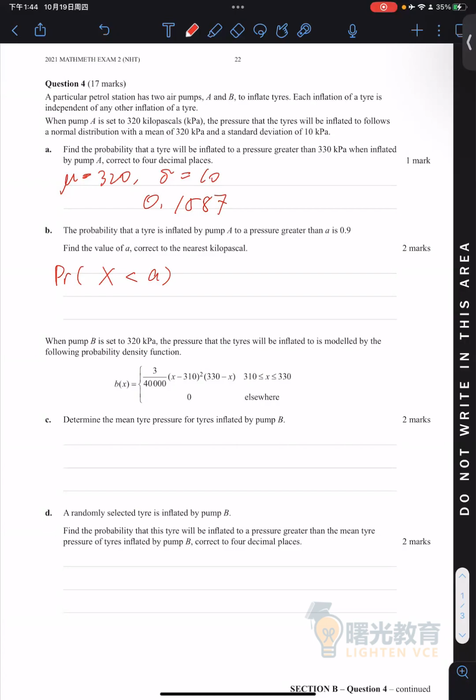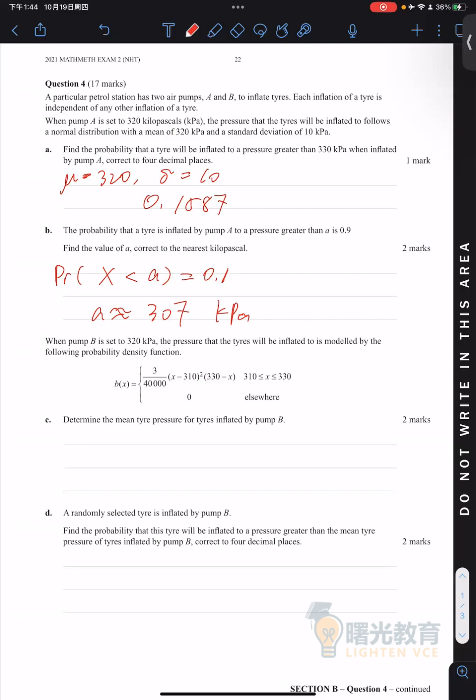So we're going to apply the complement event. Greater than a is 0.9, then less than a is 1 minus it, which is 0.1. So we input inverse norm, area is 0.1, mu is 320, and sigma is 10. And then after we round to the nearest kilopascal, which means the nearest whole number, 307 kilopascal. All right, 307 kilopascal.